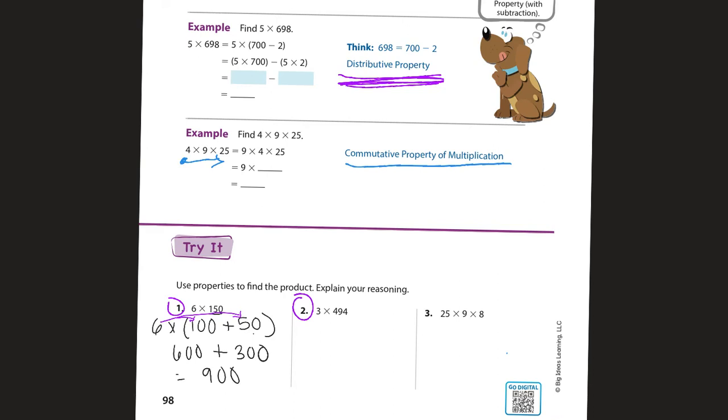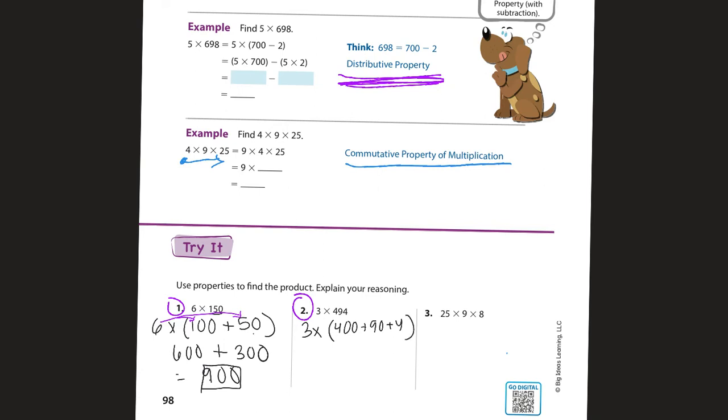So now you're going to try number 2. Maybe you will have different numbers from me, but we should have the same answer at the end. So you're going to have 3 times something inside of parentheses. I'm going to set it up one way, but remember you can set it up lots of different ways. 494, I'm going to break that up as 400 plus 90 plus 4.